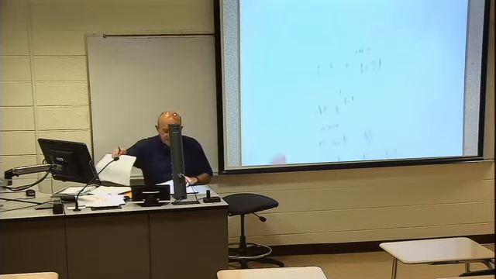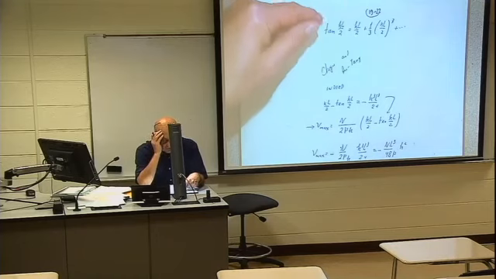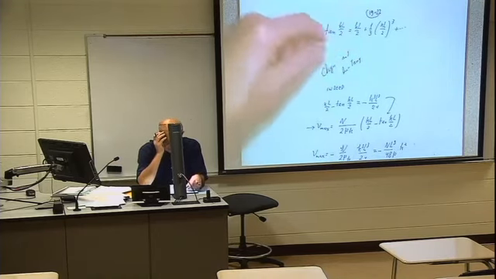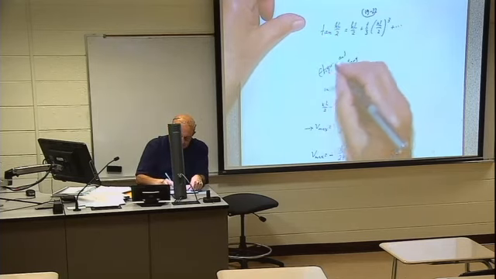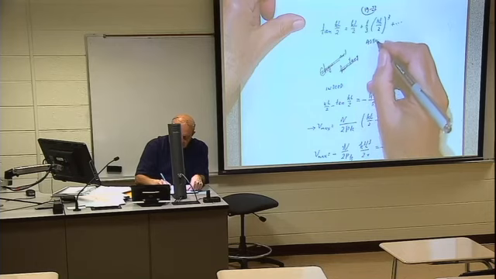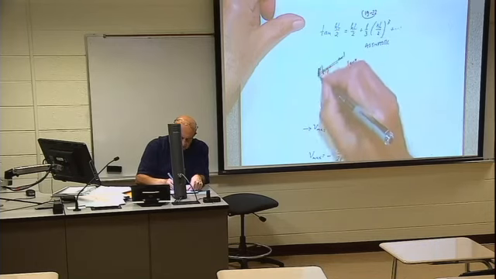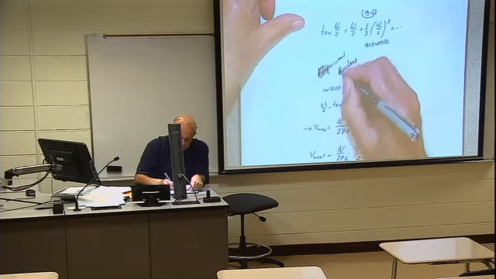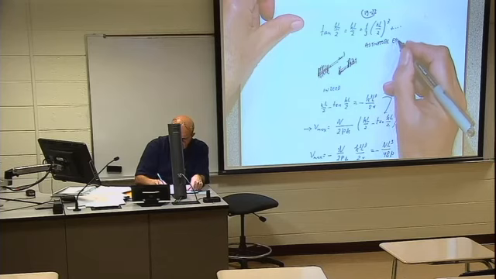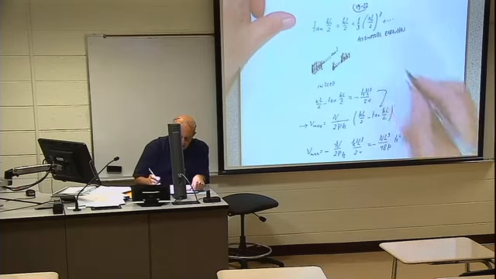We had the tangent KL over 2. So tangent KL over 2, asymptotic expansion, is like this, Taylor expansion.